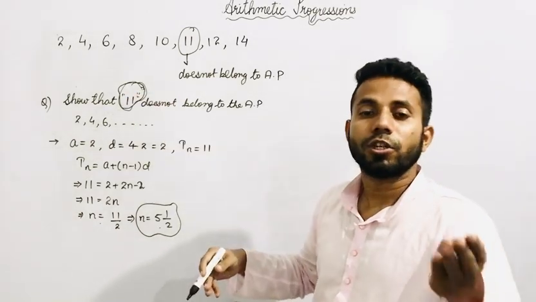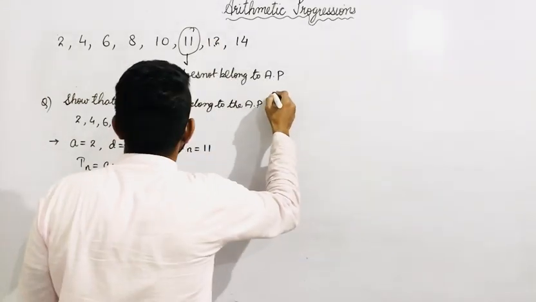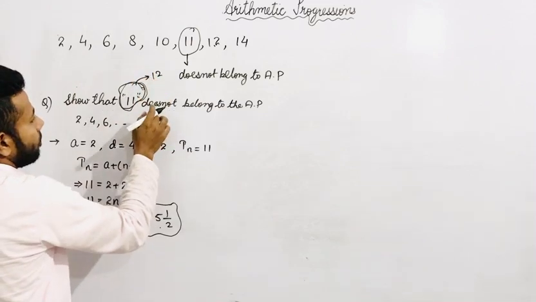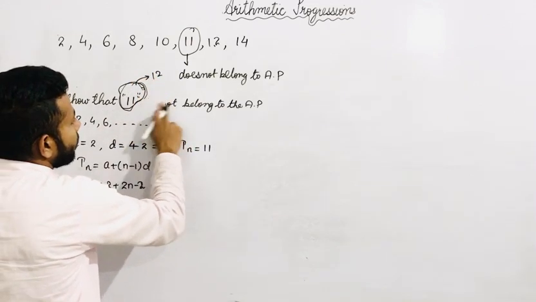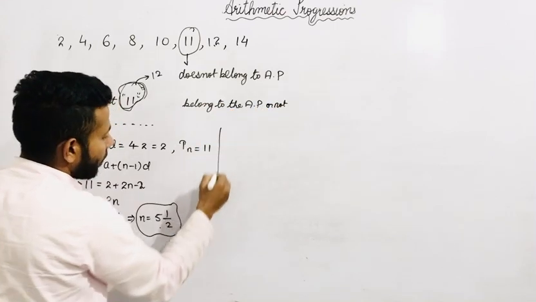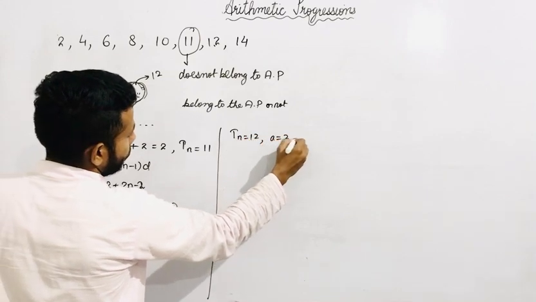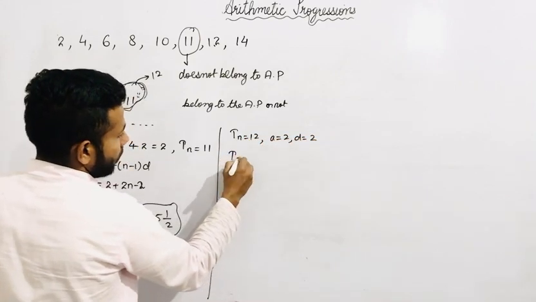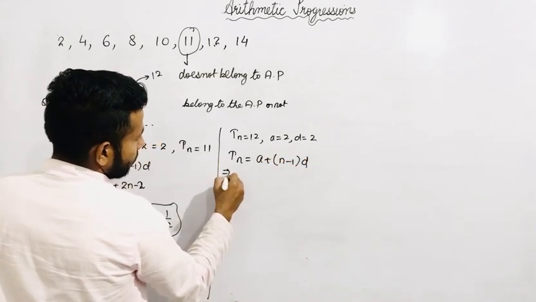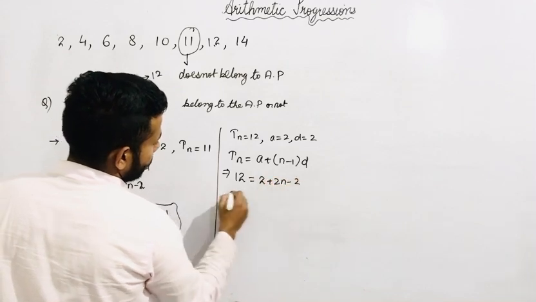Suppose this question would have been asked for 12. The same question would have been asked to show that 12 belongs to the AP or not. So we would have taken Tn equals 12, A equals 2, D equals 2. So Tn equals A plus (n minus 1) into D. So it is 12 equals 2 plus 2n minus 2.